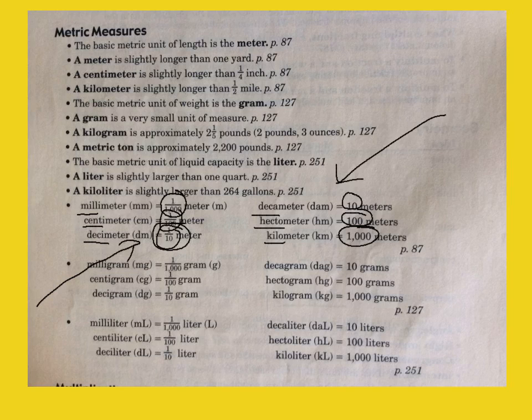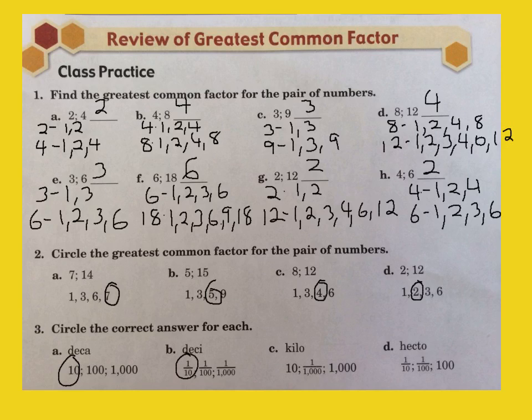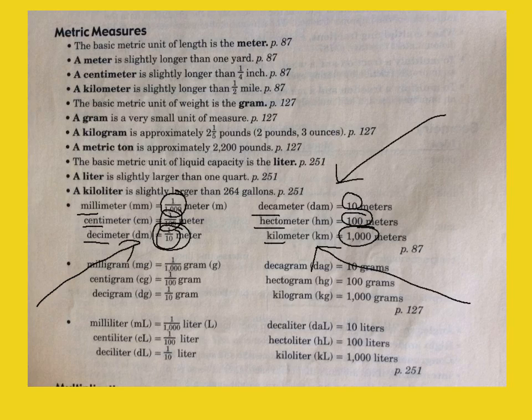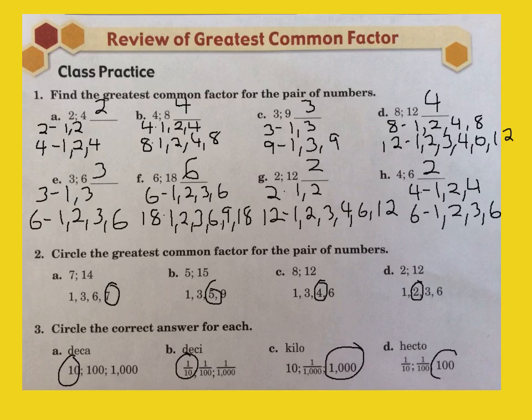C, kilo. We look here at kilo, it's 1,000. So we circle 1,000. And then the hecto, we find hecto right here. It's 100. So we circle 100.